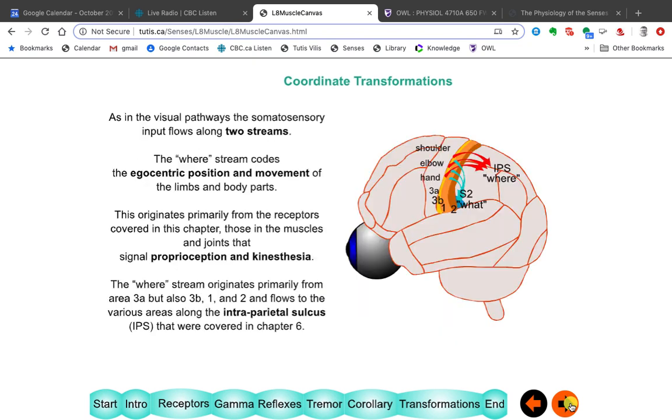Now, like all your sensory systems, there are two streams from this somatosensory system. A where stream, the one we just covered, and also a what stream that goes to a place called S2, which is more on the side of the parietal cortex.